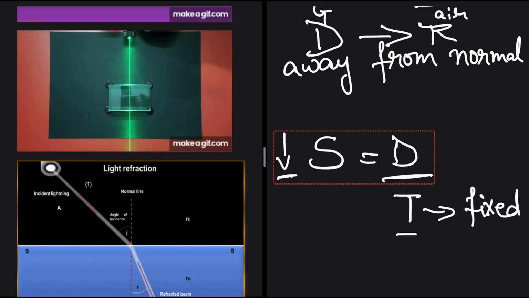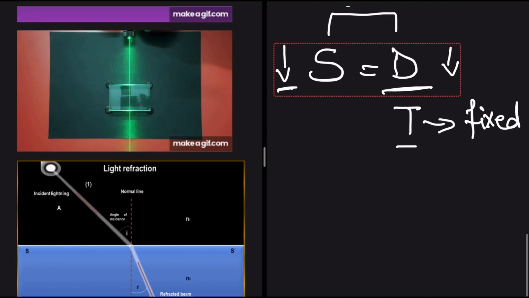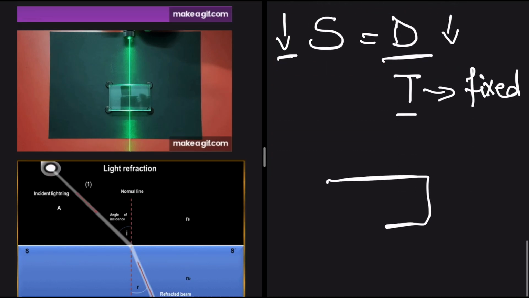If speed is decreasing, distance will also decrease. Why will it decrease? Because they are in direct proportion. So what is happening, children? When the light rays go from the rarer to denser medium, the speed decreases. Now if the light ray goes straight, its distance would not change. It should change because the speed is decreasing and they are in direct proportion.